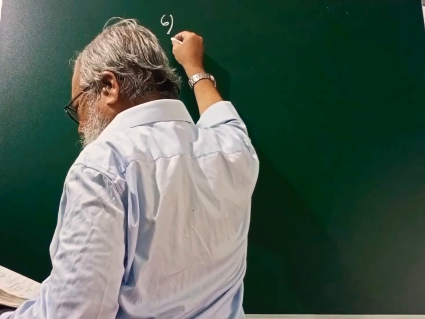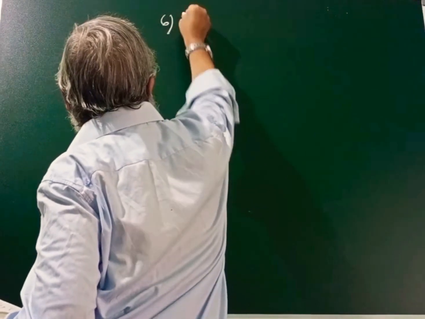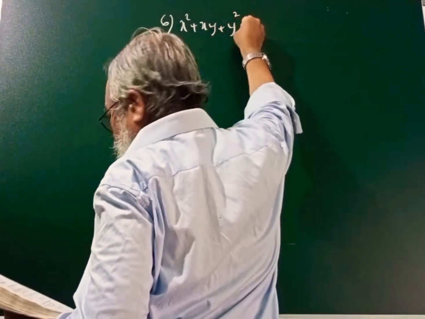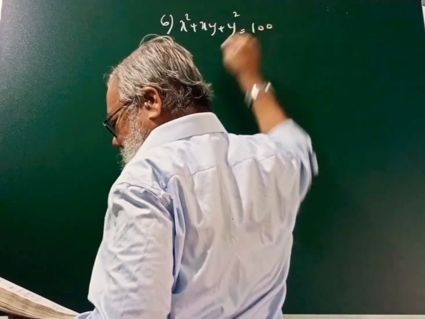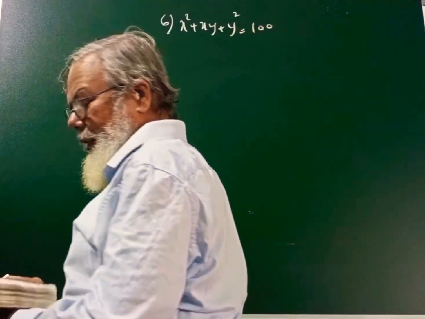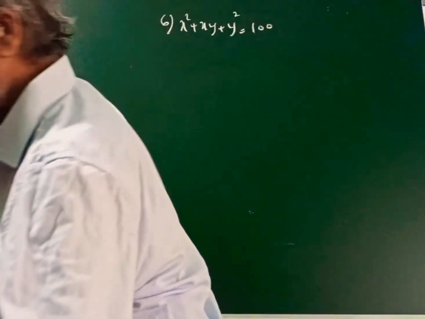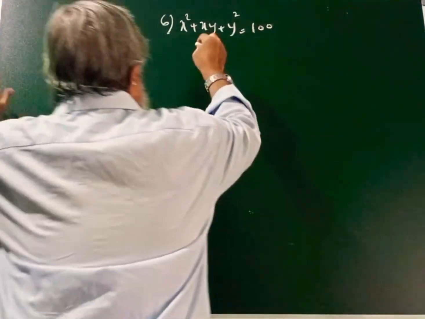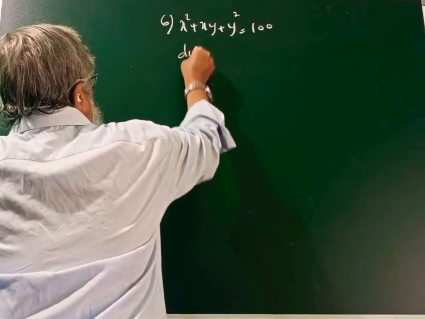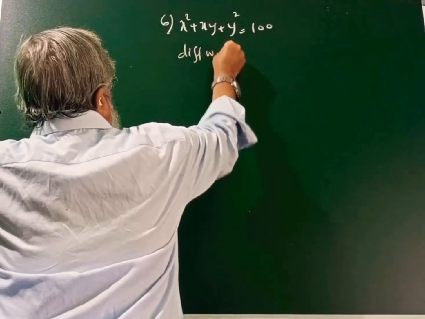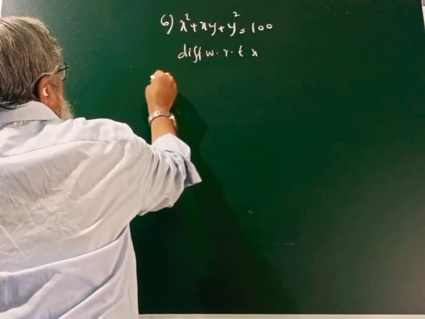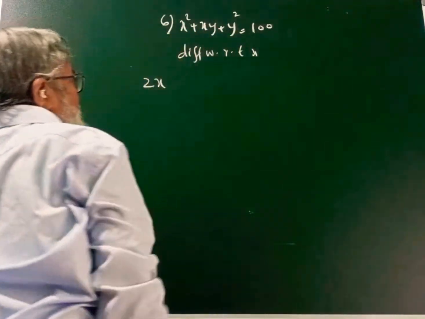Find dy by dx. x square plus xy plus y square is equal to 100. We have to find out the value of dy by dx. For this, you see here, differentiate with respect to x. Now differentiation of x square is 2x.